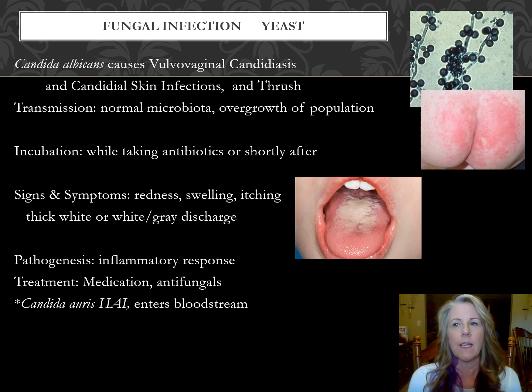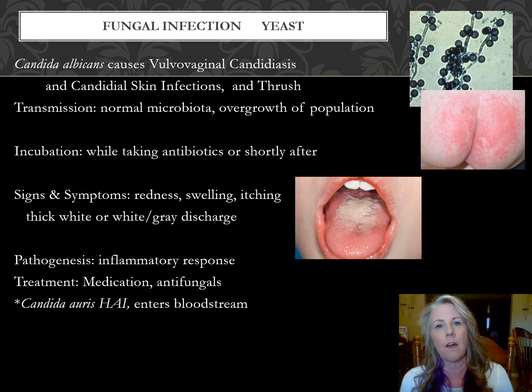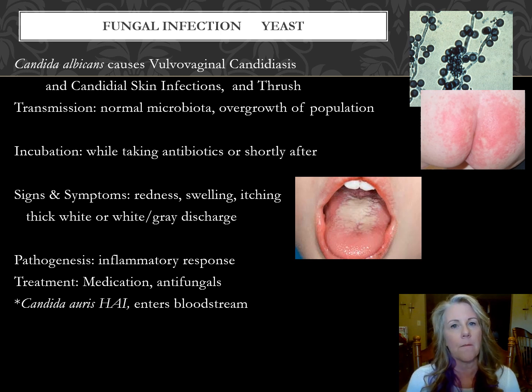And really, what causes the infection per se is an overgrowth of this particular fungi, because of the suppression of other types of organisms like bacteria. So when we suppress bacteria, we give a lot of room for growth for the Candida, and the most typical species is Candida albicans. And so it's an overgrowth of that population.